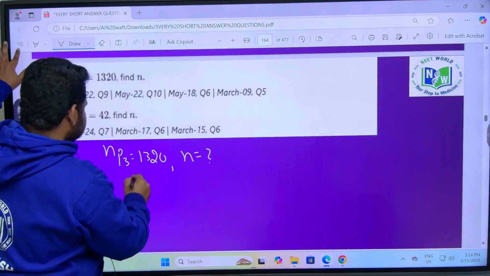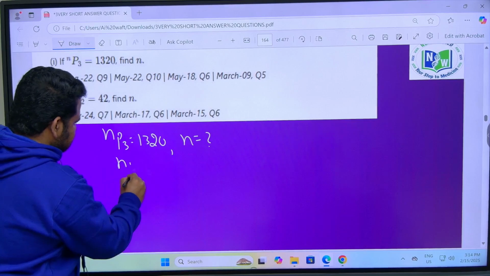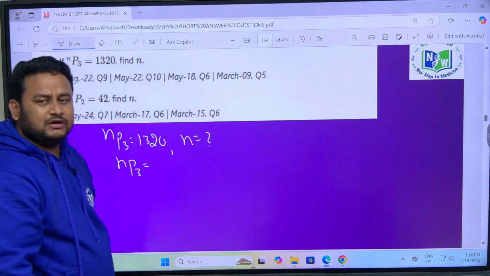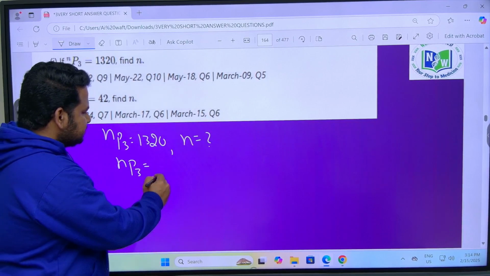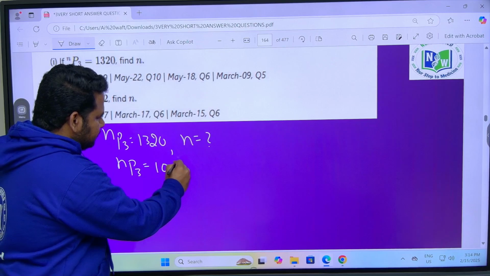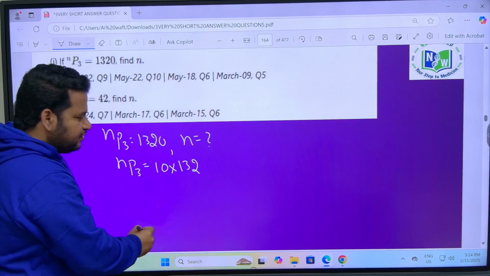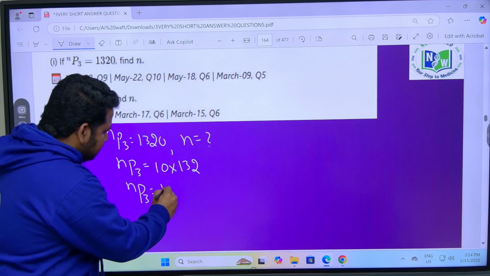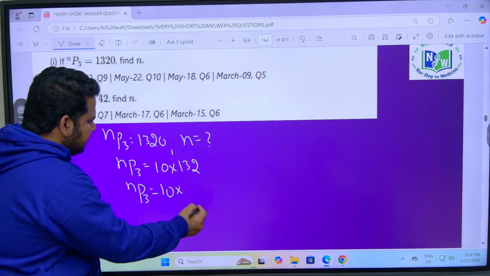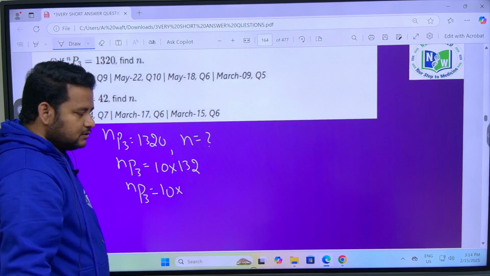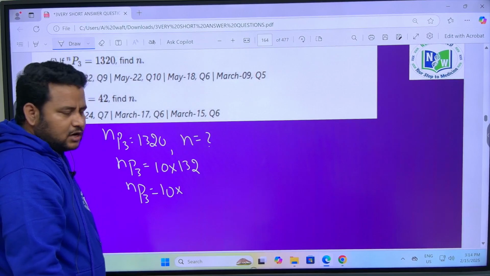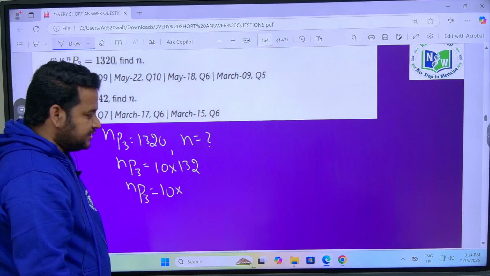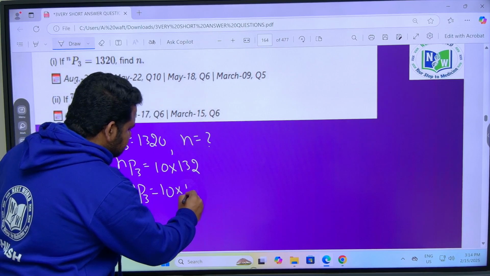So NP3 is equal to 1320. Let us simplify this first. 1320 I can write as 10 into 132. 12 11s are 132, so this can be written as 11 into 12.